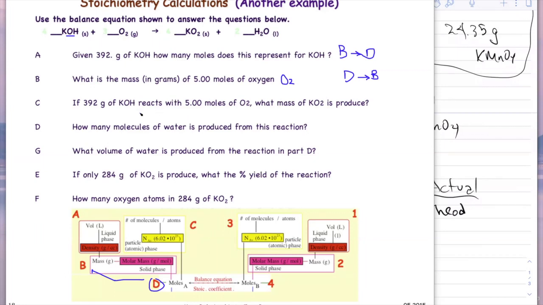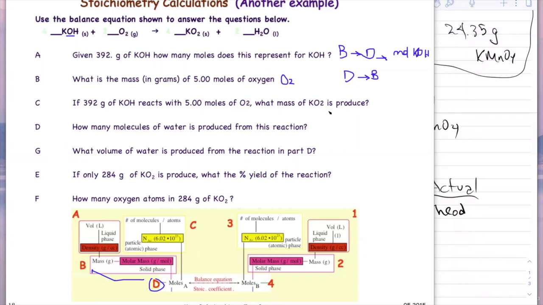The next step is, if you have 392 grams of KOH and you already know the moles from this first part, so you already know the moles of KOH from this first calculation, okay? So don't redo that calculation because you already know that. If you got 392 grams of KOH and you have 5 moles of oxygen, what mass of KOH is produced?